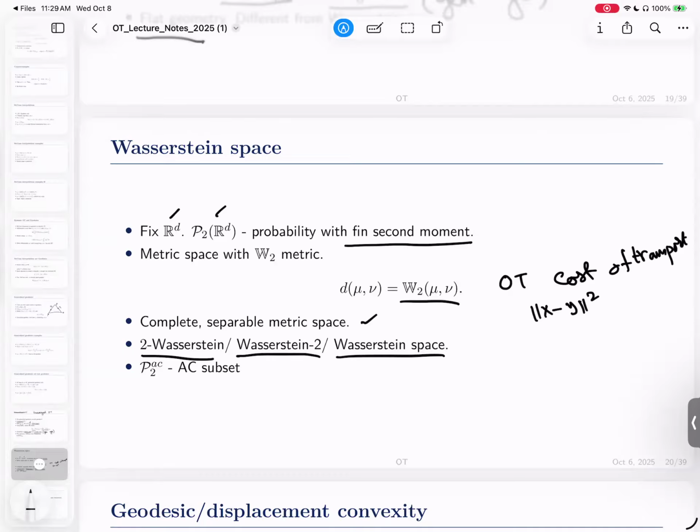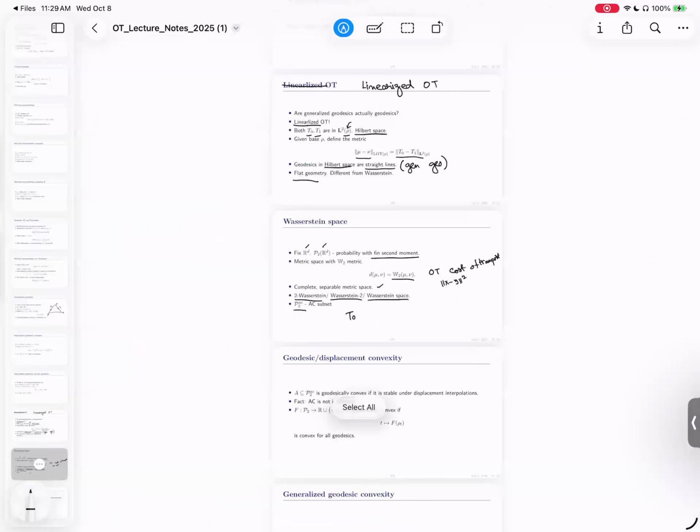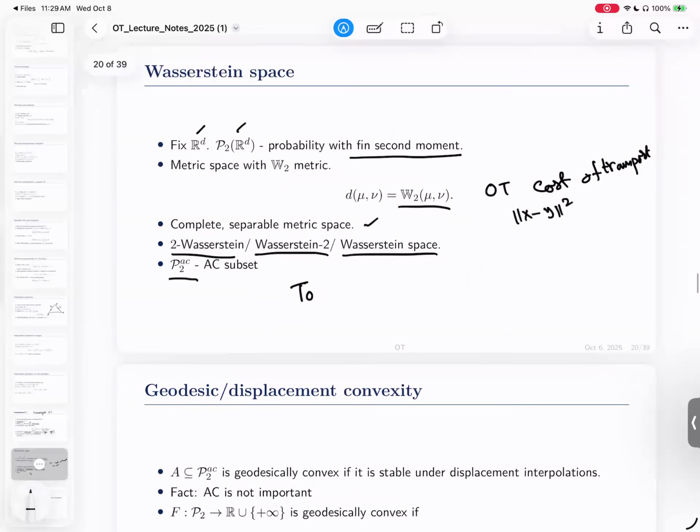Anyway, so this is a complete separable metric space. We are also going to focus sometimes on a particular subset of this P2 of R^d, the subset of absolutely continuous distributions, which I'm going to denote by P2AC. Now, one thing I should say is: what is the topology in this metric space?